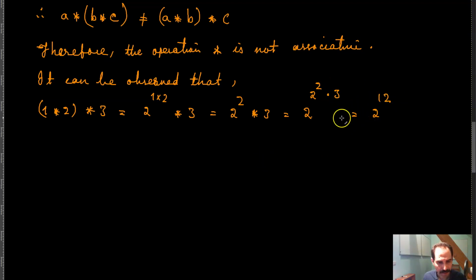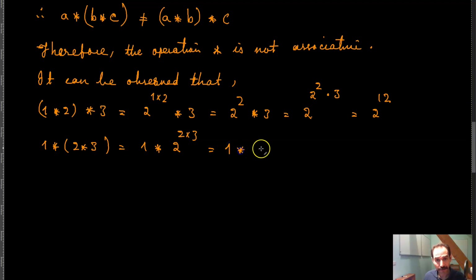Now whatever that might be. Now 1 star 2 star 3 is the same thing as 1 star 2 raised to the power 2 times 3, which is the same thing as 1 star 2 raised to the power 6.